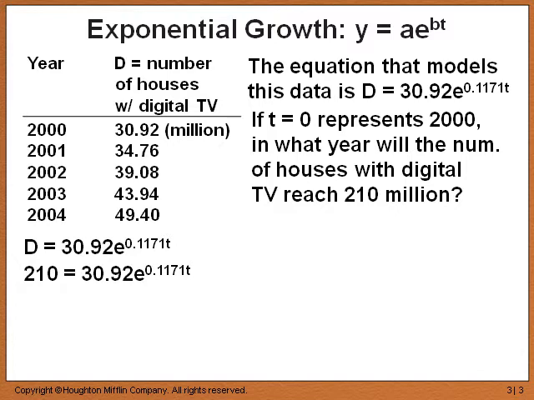And you can do that really just on your calculator. So first you divide both sides by 30.92, and then you go from there. Now, if you don't already have an answer for t, this is a good time to pause, get an answer, and then resume the video when you do have an answer for t.